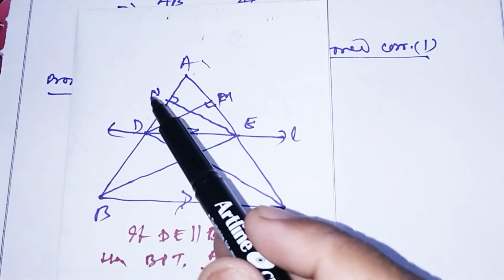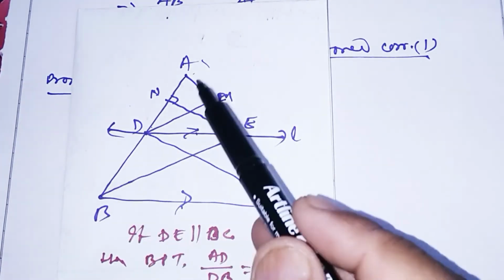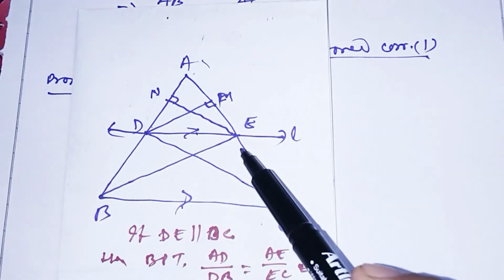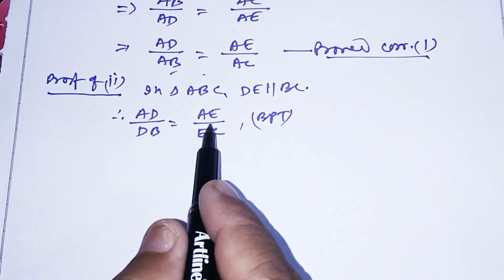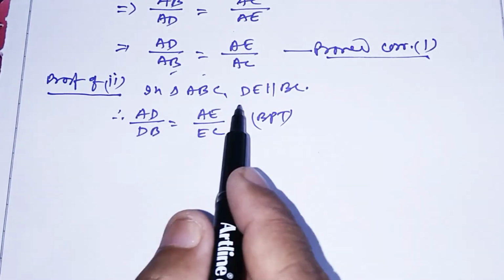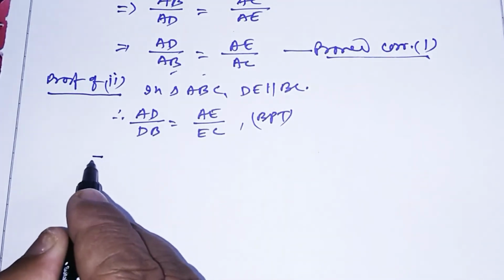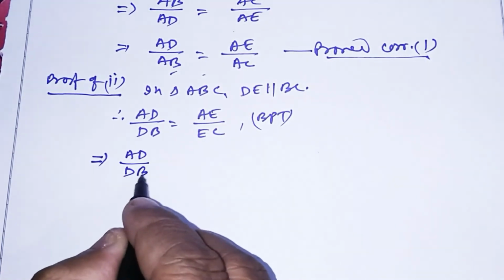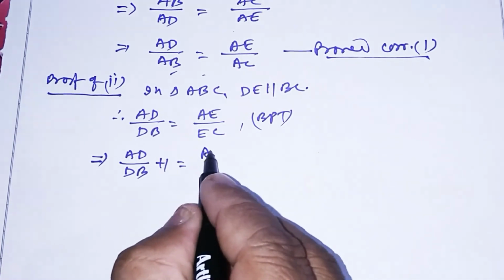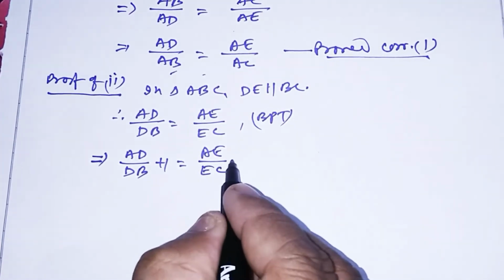Here AD and AE are missing, already in the numerator, so nothing to do. Only do addition of 1 both sides. So AD by DB plus 1 will give you AE by EC plus 1.